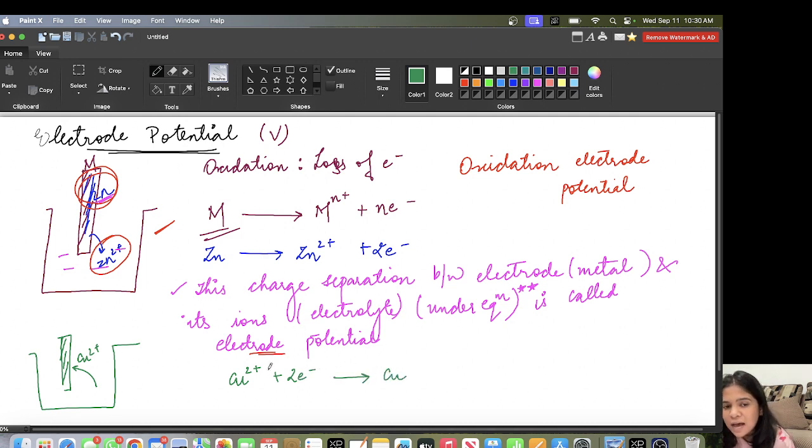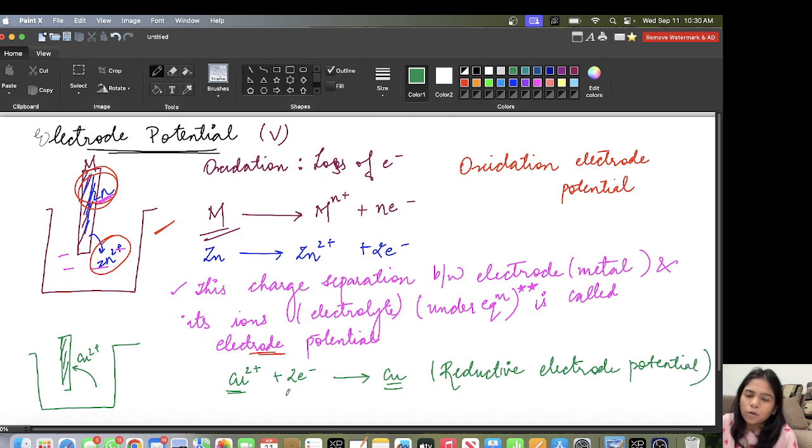The charge separation between the metal and its ion is again electrode potential, but in this case it will be called reduction electrode potential. So this is what electrode potential is all about: basically a charge separation between the metal and its electrolyte.